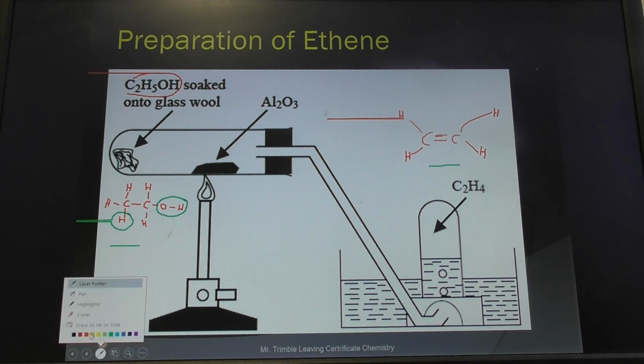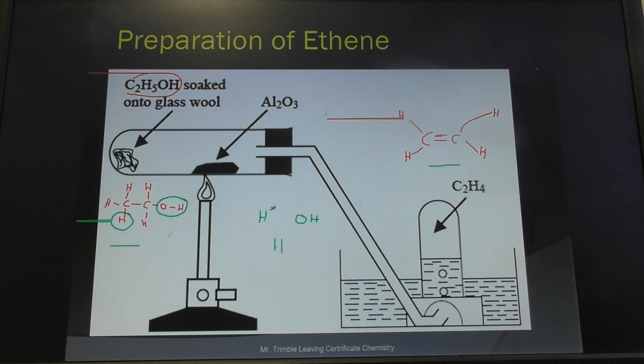And you need to remember as well that in this type of reaction, you have a hydrogen atom and then you have an OH hydroxyl group, what's HOH, and that is of course water. So water is formed, this is known as a dehydration reaction.